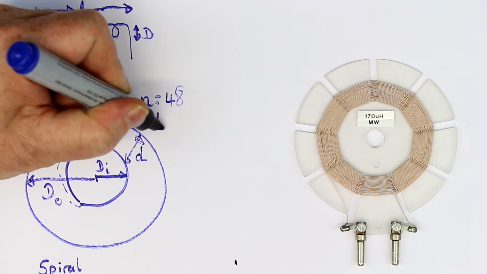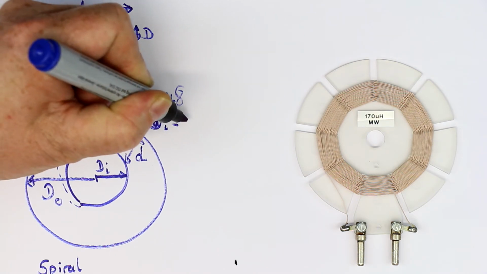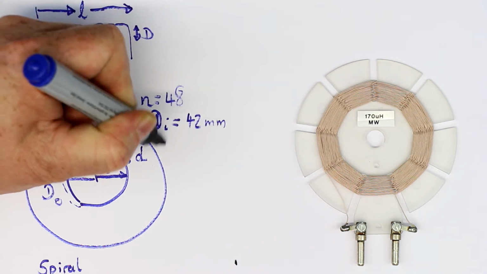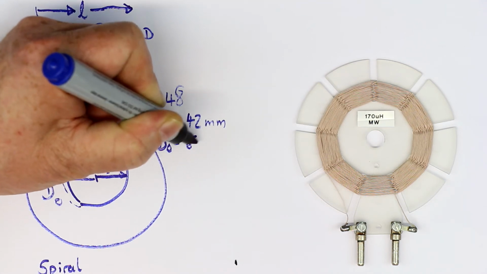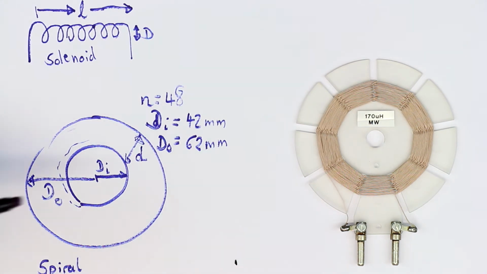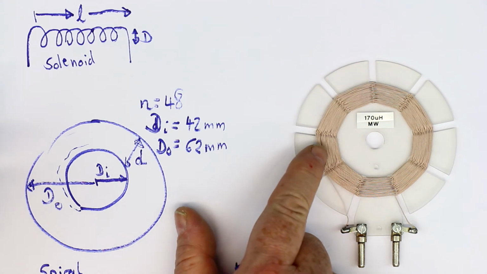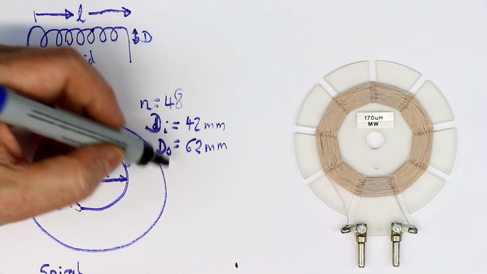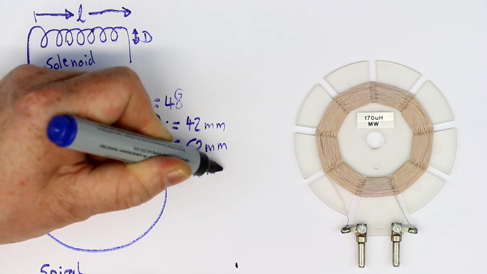Then we have an inner diameter of 42 millimeters, an outer diameter of 62 millimeters, and consequently the size of the winding is 10 millimeters.